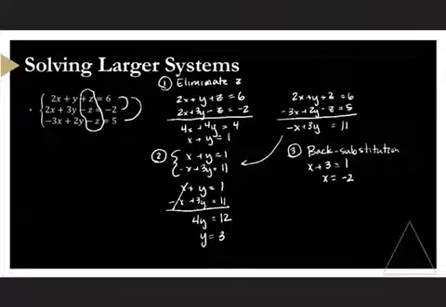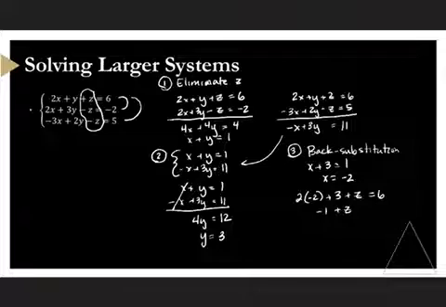And if y is 3 and x is negative 2, then 2 times x plus y plus z equals 6. So negative 4 plus 3 is a negative 1 plus z equals 6, which means that z is 7.